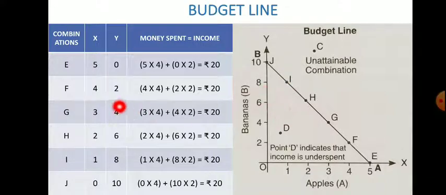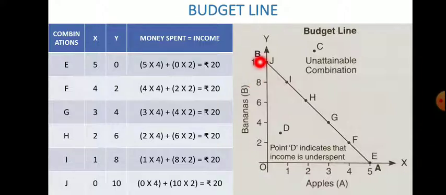Then we can plot all these combinations: 5, 0 is the point E. Then combination F gives you 4, 2, so this is point F, where x is 4 and y is 2. Like this you will get G, H, I, J.